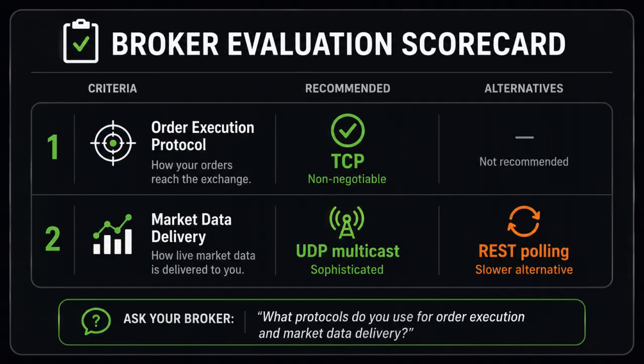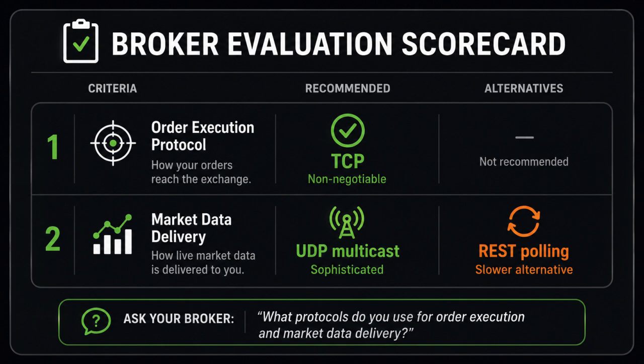Here's the practical takeaway for anyone evaluating a broker or a data feed provider. When you're looking at a broker's technical documentation or asking their support team questions, it's worth knowing which protocol they use for which function. A broker that uses TCP for order execution is table stakes, and that's what you'd expect and should require.